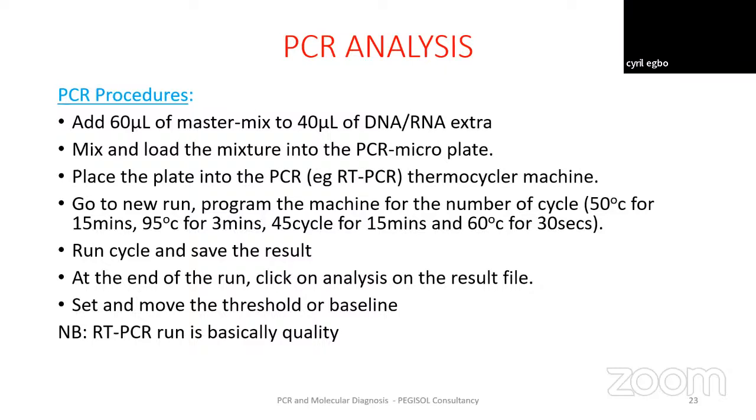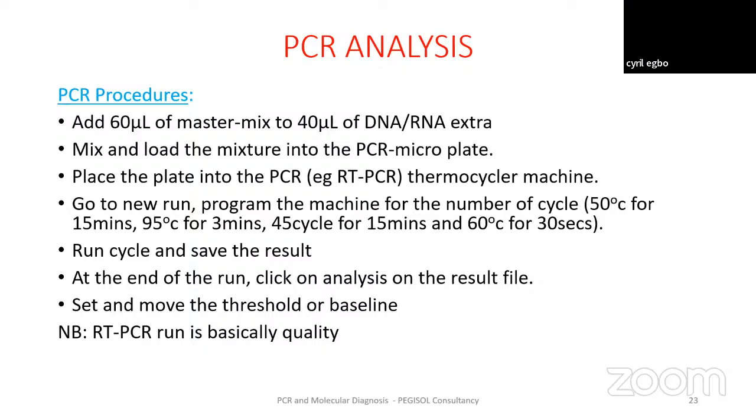So for that to occur, it occurs at a certain temperature, between 95 to 96 and 98, as the case may be. Then after the separation, the machine will be programmed to allow annealing to occur. And the second program for DNA is between 50 to 56 degrees centigrade. That is where annealing occurs.